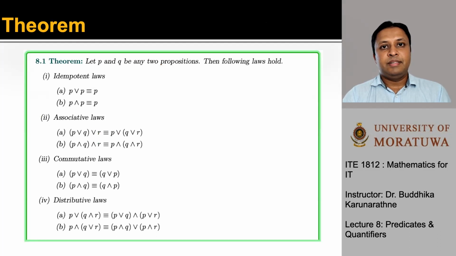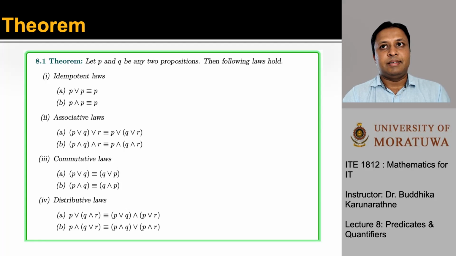So we get introduced to some of the laws in this theorem. Let P and Q be any two propositions, and then the following laws will hold. Beginning with idempotent laws, P disjunction P is equivalent to P, and also P conjunction P is equivalent to P. That is the idempotent law. Number two is associative laws.